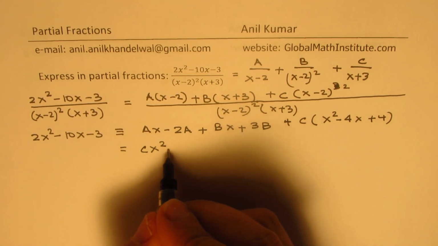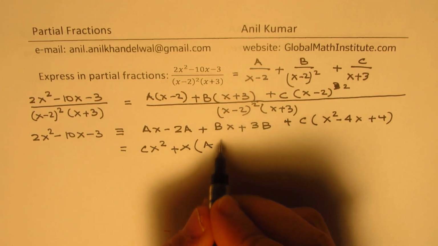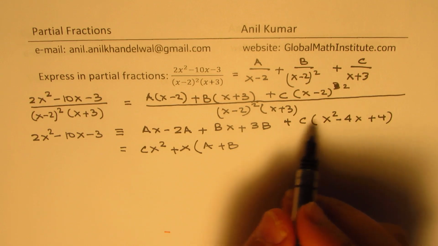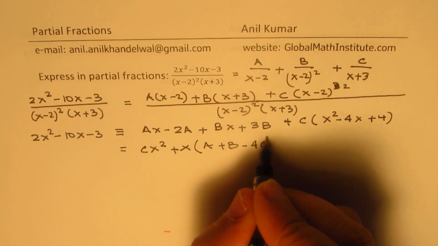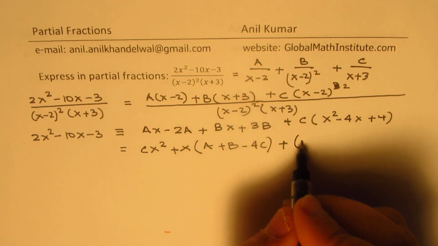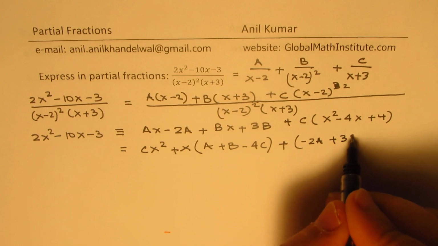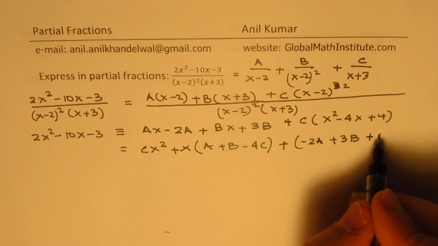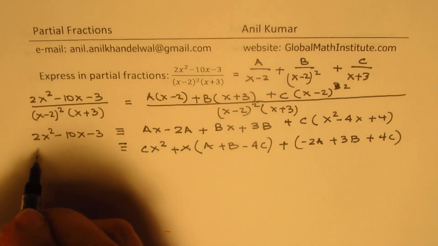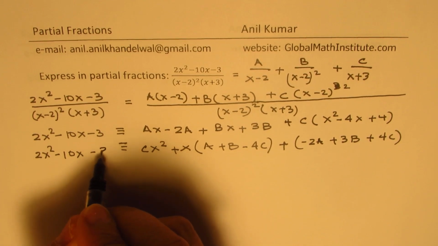As far as the x terms are concerned, we have a plus b, and in this case it is minus 4c. Now as far as the constants are concerned, we have minus 2a plus 3b and plus 4c. Correct? Comparing that, it is identical to 2x squared minus 10x minus 3.